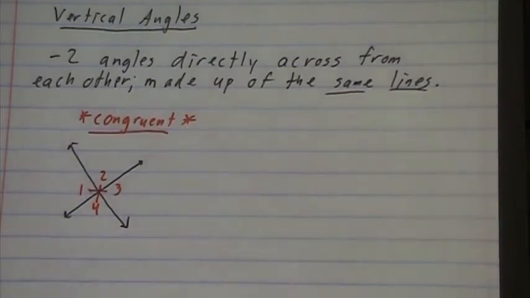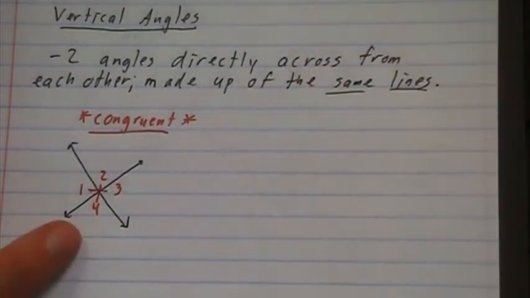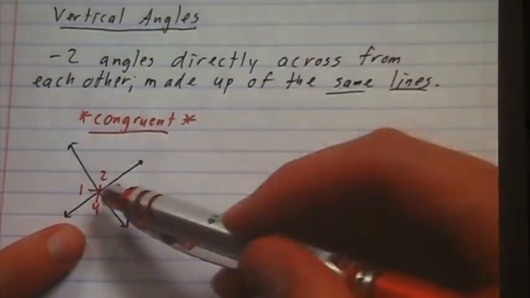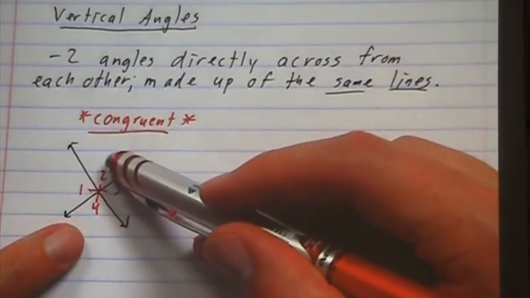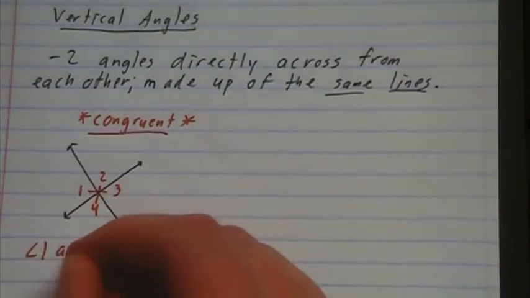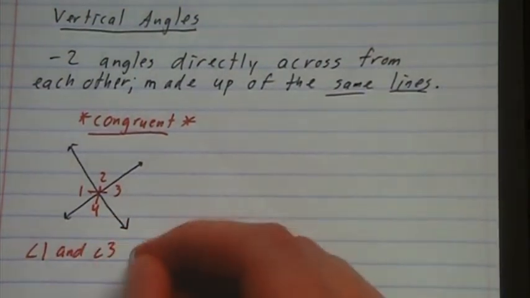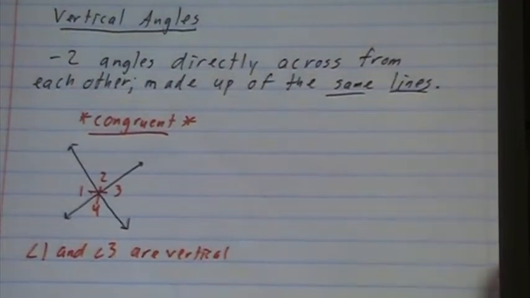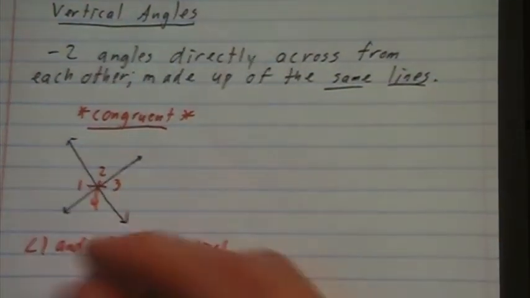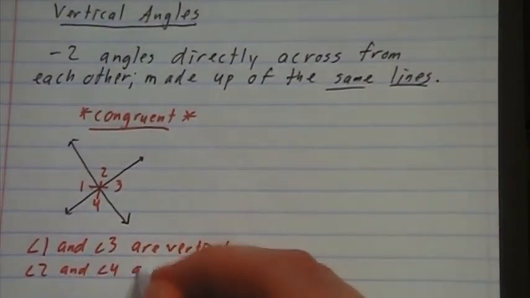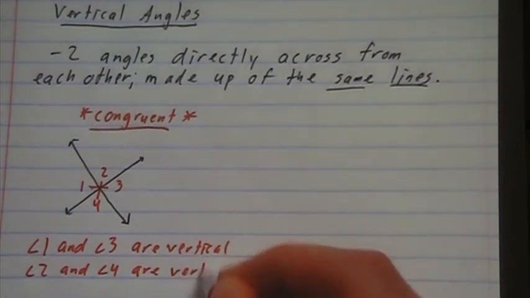So if I knew angle 4 was, I don't know, 95 degrees, I would know angle 2 is also 95 degrees. So I'd say angle 1 and angle 3 are vertical, and angle 2, angle 4 are vertical.